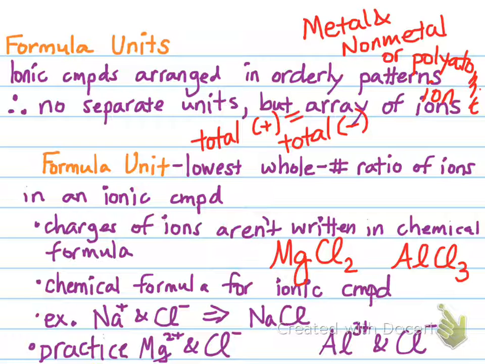However, by calling them a formula unit, we're communicating that little bit more information about the fact that these are not just some generic kind of compound. These specifically are ionic compounds because we've called them formula units. So that's what's nice about the terms formula unit and molecular formula. They are specific to a specific type of compound, and they communicate that little bit more information.